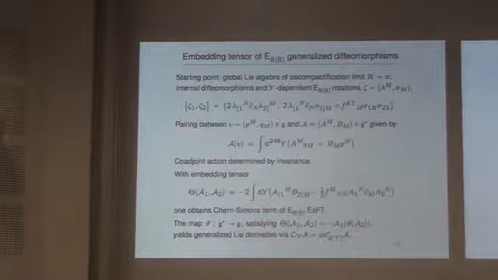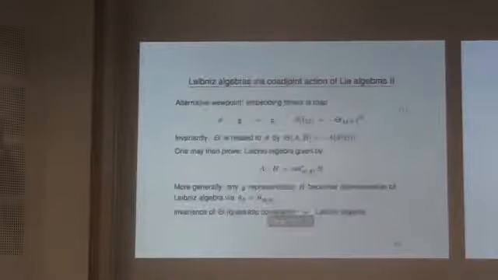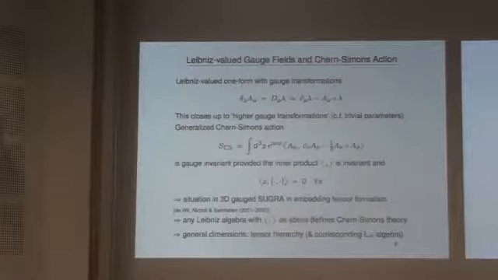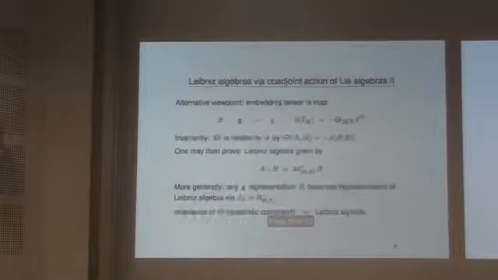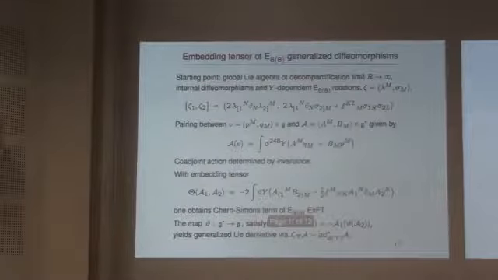And the generalized Lie derivatives of E8, which the way we originally found them looked extremely strange and somewhat convoluted, now come out very naturally from this construction. And in particular, based on this bilinear form, you can now define the Chern-Simons action, just plugging into this general formula here. And that reproduces exactly the Chern-Simons action of E8 exceptional field theory.